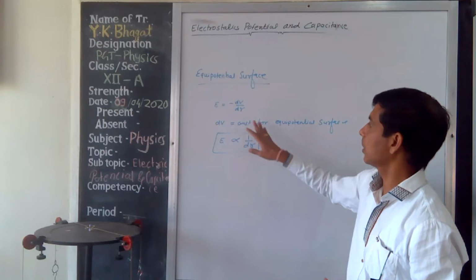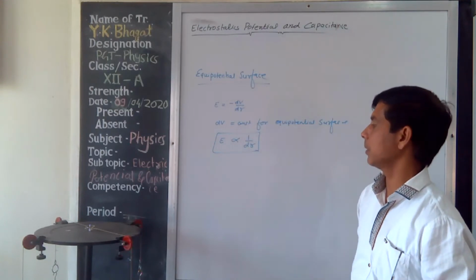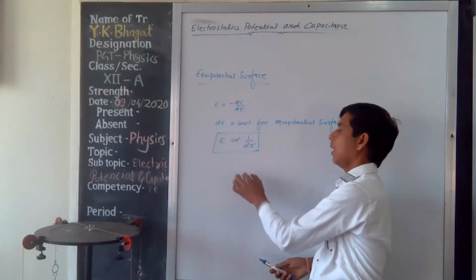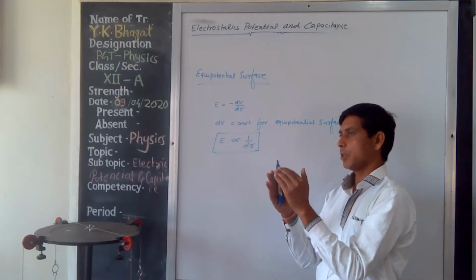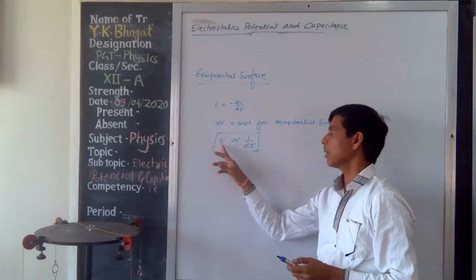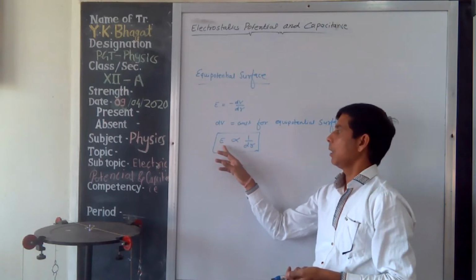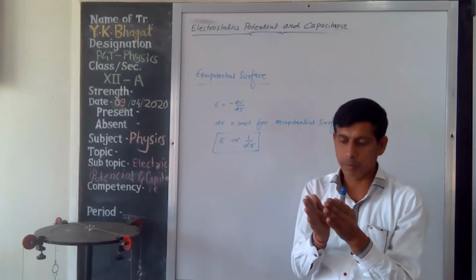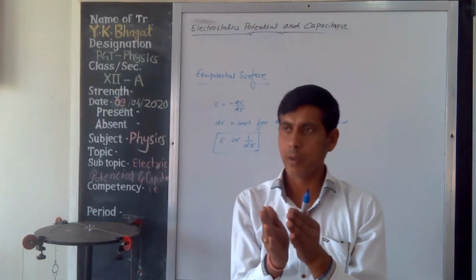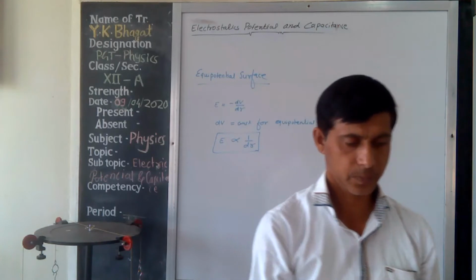It is the conclusion for equipotential surfaces: where electric field is strong, the equipotential surfaces are situated closely; when electric field is small, then equipotential surfaces are situated far apart.